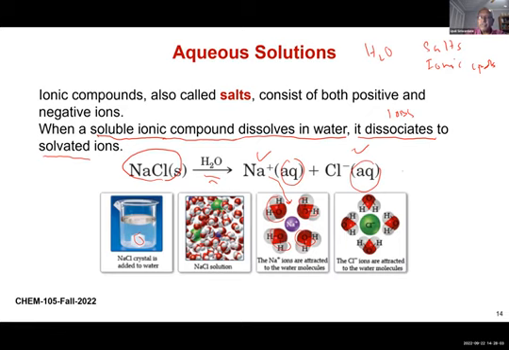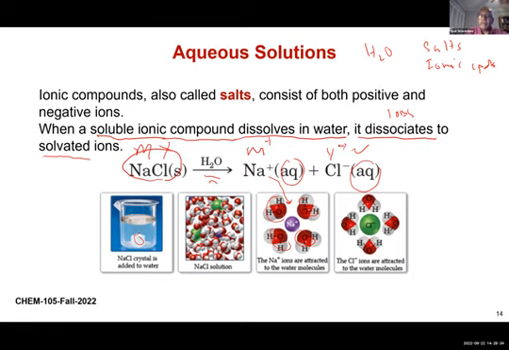When it goes into solution, no matter what the metal is, what the anion is, they make M plus, Y negative ions.